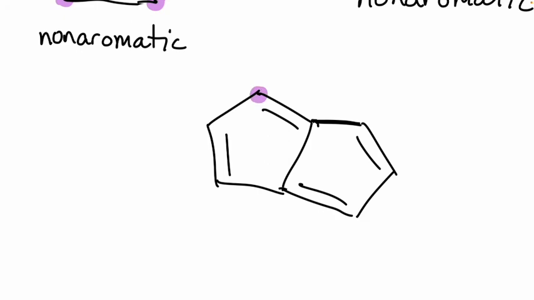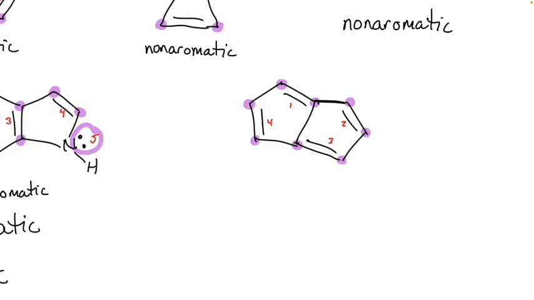So we look, and each of these carbons is indeed associated with a double bond. So it doesn't violate rule 1. But then I go through and count pairs of electrons. 1, 2, 3, 4. I have an even number of pairs of electrons, so this would be anti-aromatic.